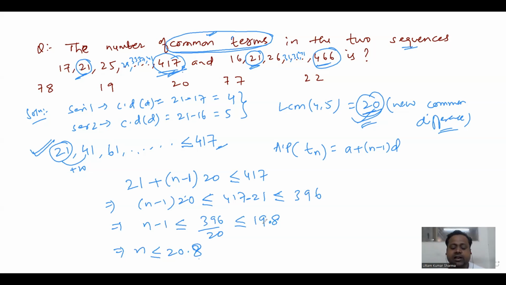Fifth term, sixth term, it has to be an integer. So the integral value should be 20. The 20th term would be the last term that is common to both, because 20.8 corresponds to beyond 417, which does not lie in this series. So they are not common. A number that is closest to 417 and less than 417 will be the 20th term. So your n is 20, and hence your answer is this.